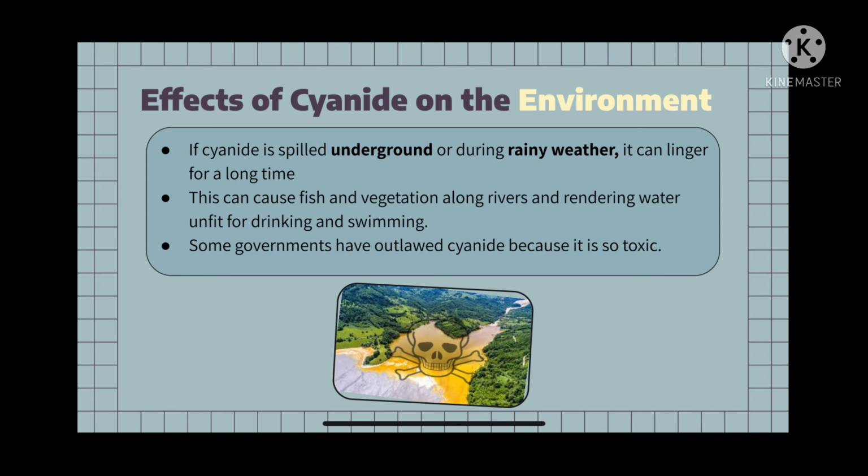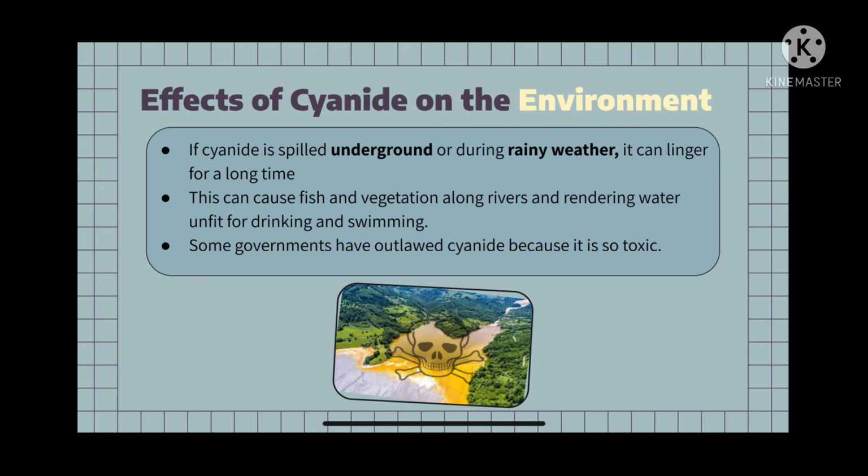Effects of cyanide on the environment. Cyanide is frequently dumped into streams during gold mining and when mine waste ponds burst and spill. According to mining firms, cyanide in water swiftly degrades. However, this is only true when there is plenty of sunlight and oxygen.